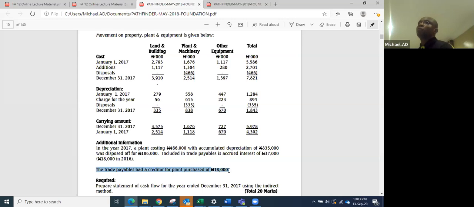Because we purchased it on credit, we didn't pay completely. So we are still owing 18,000 naira. So in other words, we bought additional plant and machinery of 2,701, but the amount we pay is 18,000 naira less. So that is why we are subtracting it.